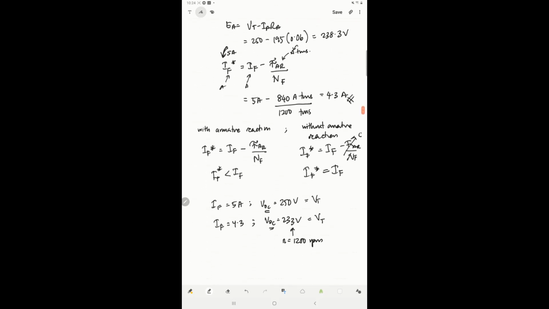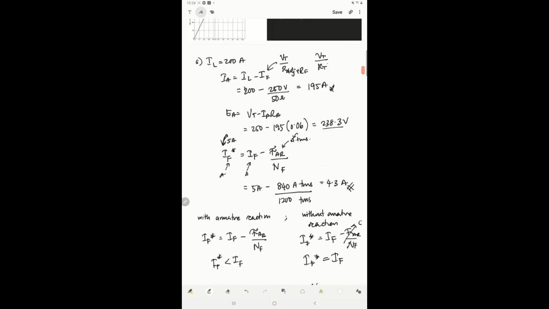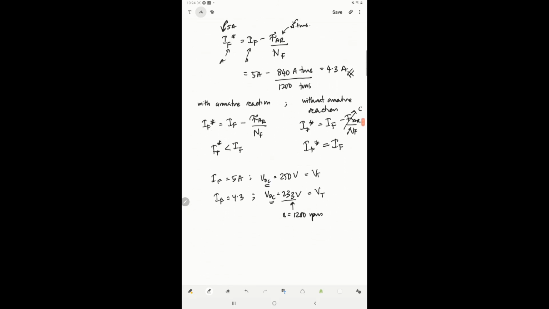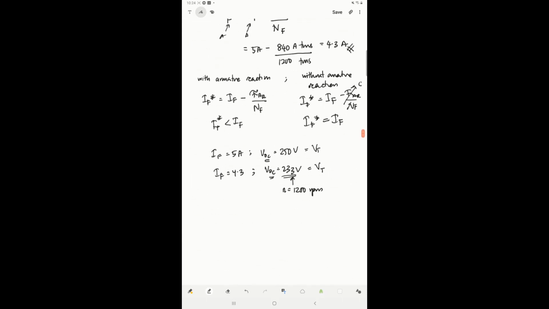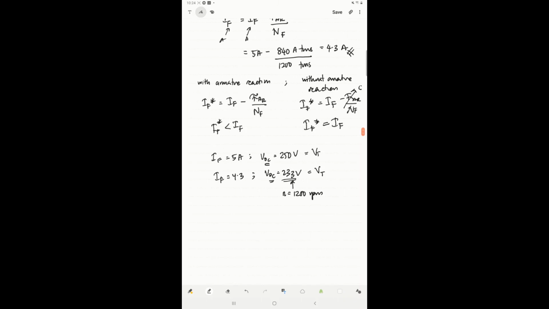Since the actual internal generated voltage is not 233, we know from our calculation that the internal generated voltage is 238.3 volts. So obviously, it's higher than this internal generated voltage that we have. So we will have a different speed. For the actual operating speed, we will use the same equation that we used in the first place.